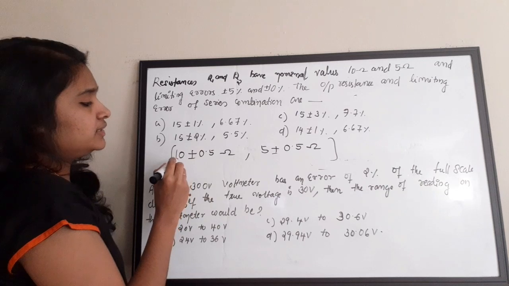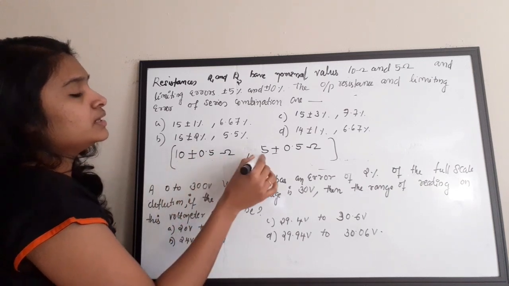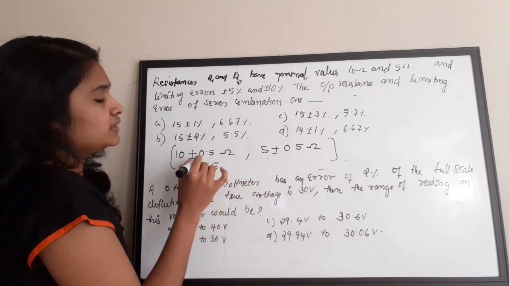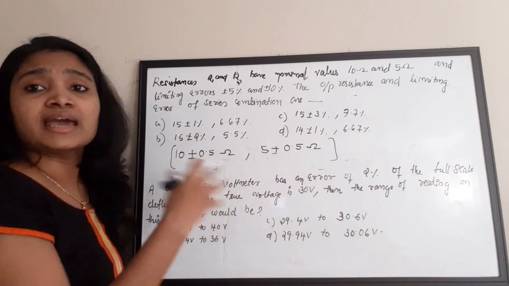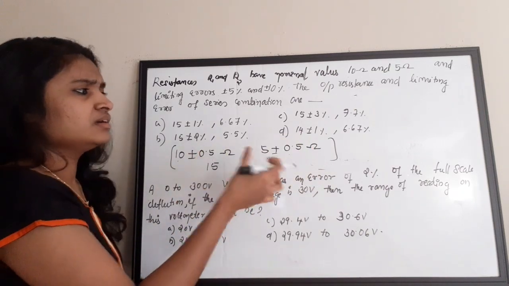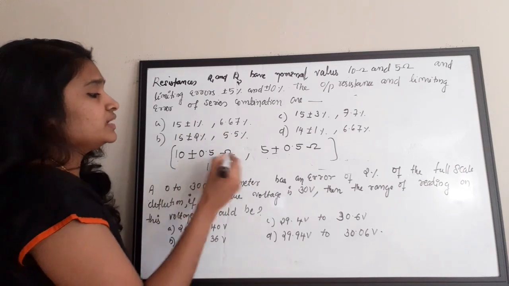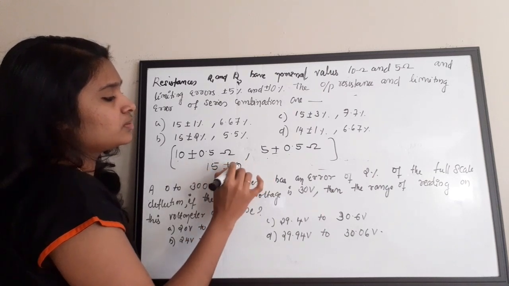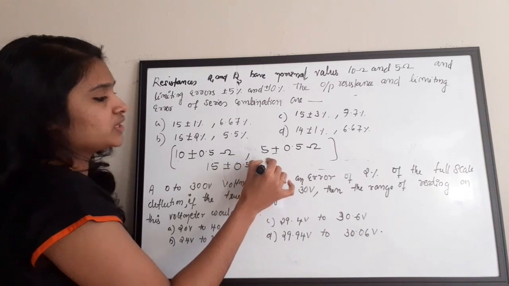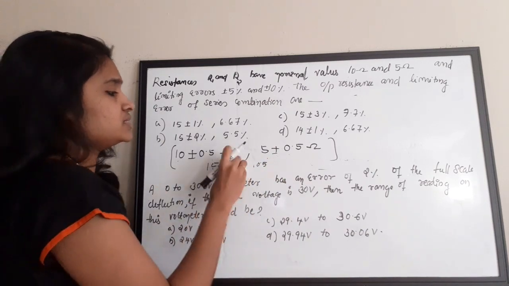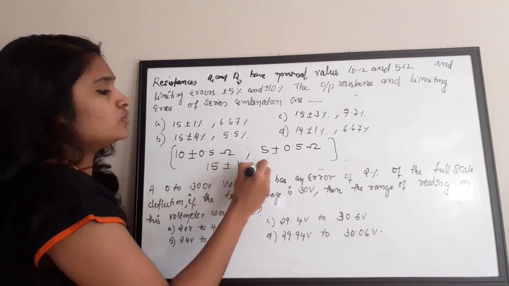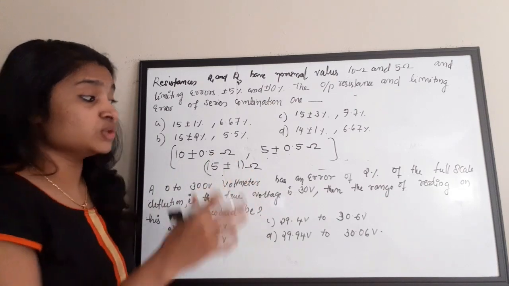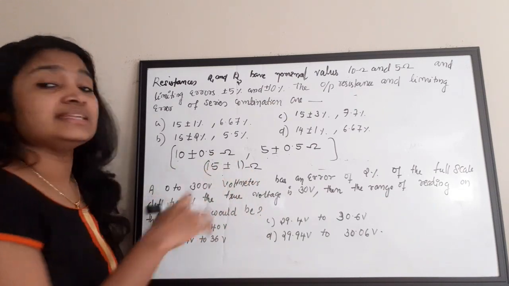It is 10 plus or minus 0.5, then 5 plus or minus 0.5. 10 plus 5 is 15, and then the errors 0.5 and 0.5 get added. 0.5 plus 0.5 is 1. So it is 15 plus or minus 1 ohm, the resistance including the limiting error of the series combination.